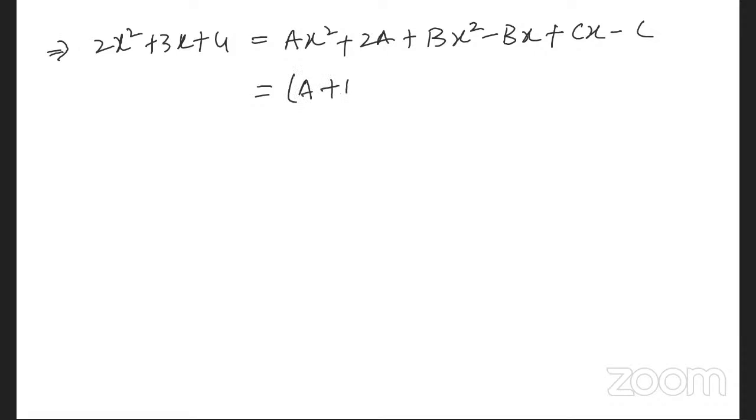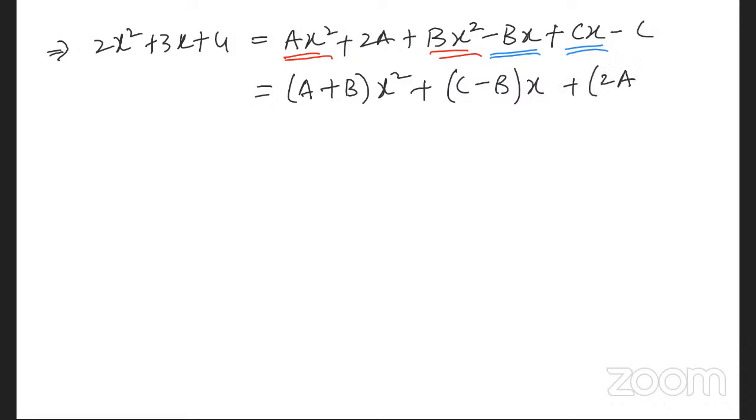(A + B)x² + (C - B)x, and what is the constant term you have? 2A - C.